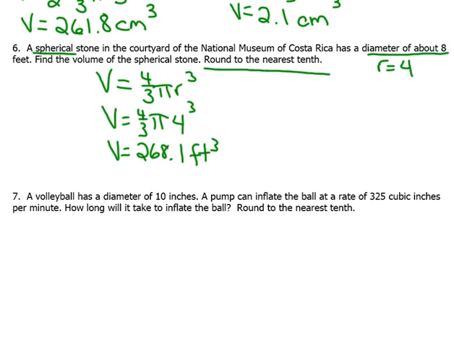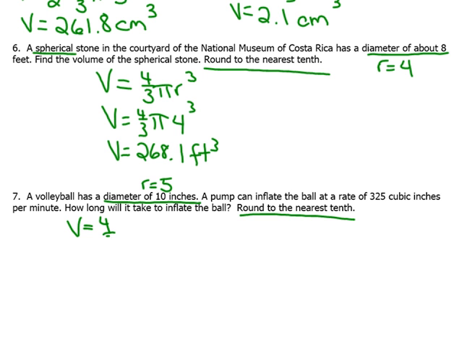Okay, hopefully not too hard there. A volleyball has a diameter of 10, so again, right away I'm going to say the radius is 5. A pump can inflate the ball at a rate of 325 cubic inches per minute. How long will it take to inflate the ball? First I have to find the volume.